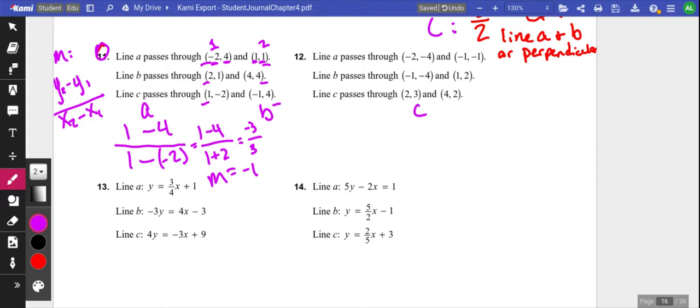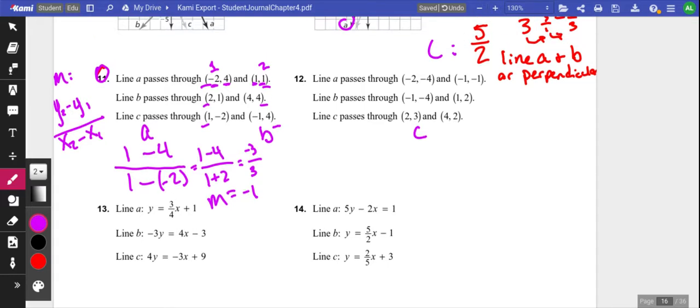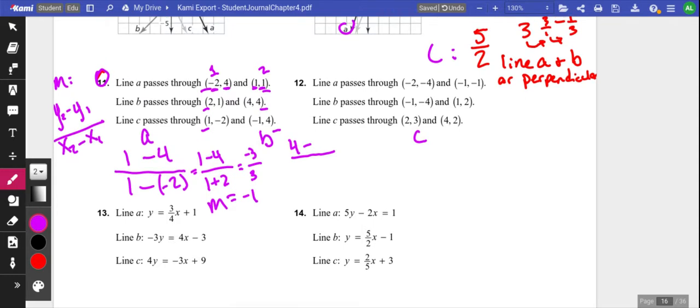Then for B, same thing. Let's start right here. Y2 is 4 minus y1 is 1 over x2 is 4 minus x1 is 2. Okay, 4 minus 1 is 3. 4 minus 2 is 2. So I've got a slope of positive 3 over 2.